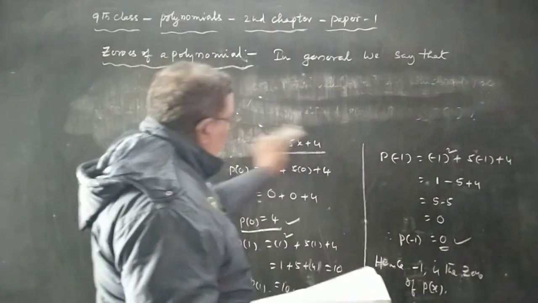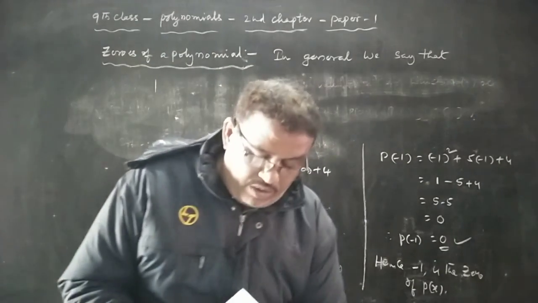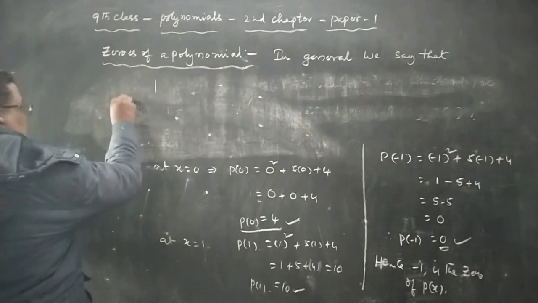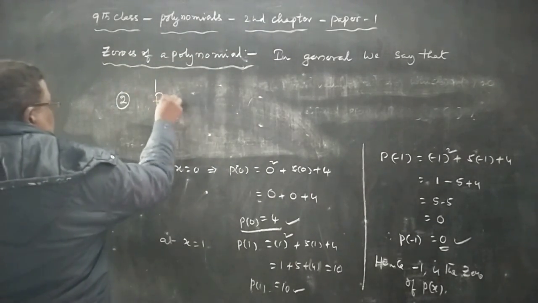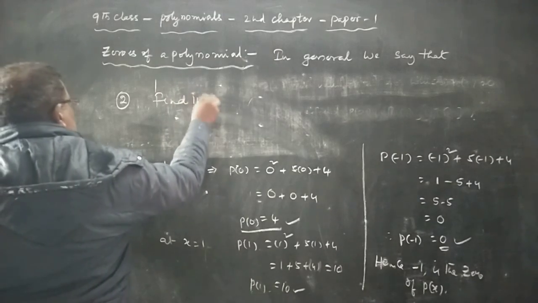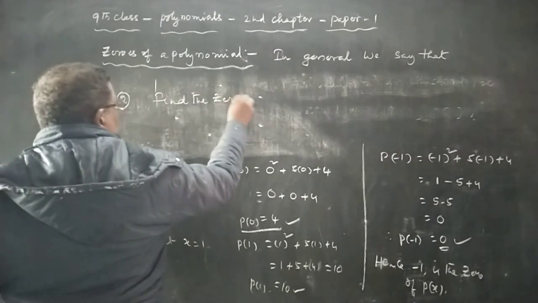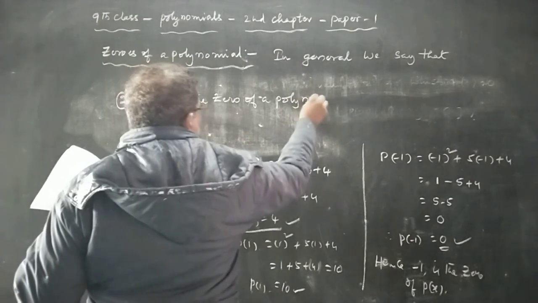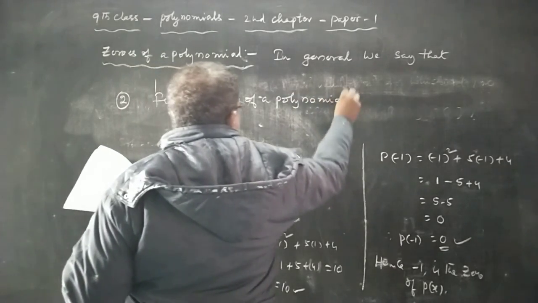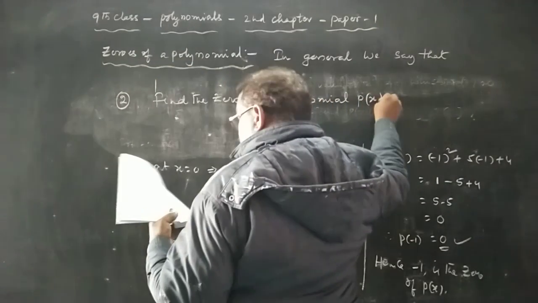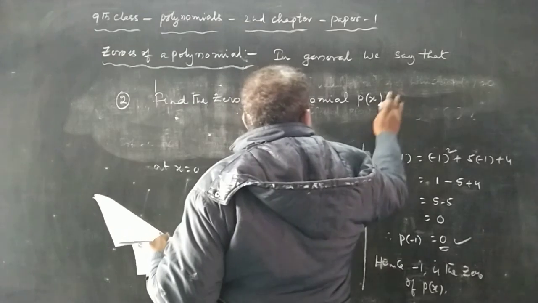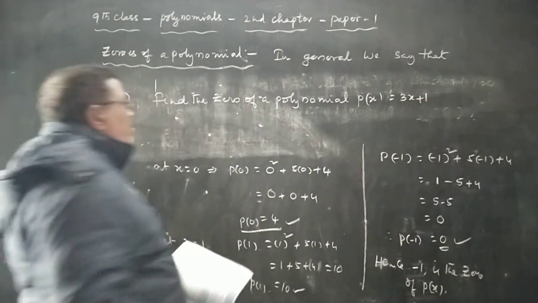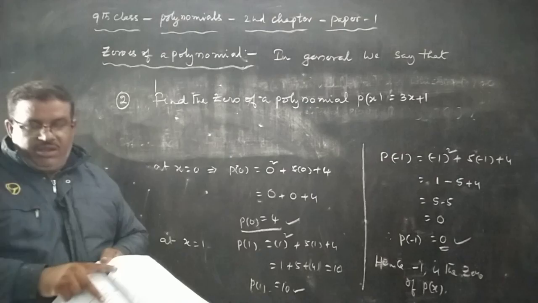Example 2: find the zero of a polynomial p of x equal to 3x plus 1. In this problem, we need to find the zero of the polynomial.